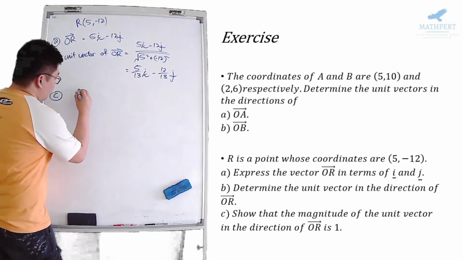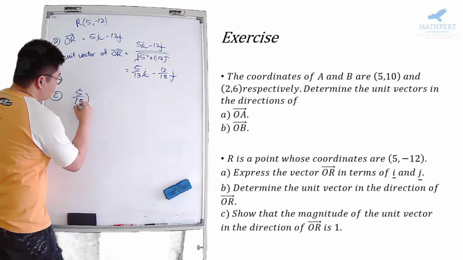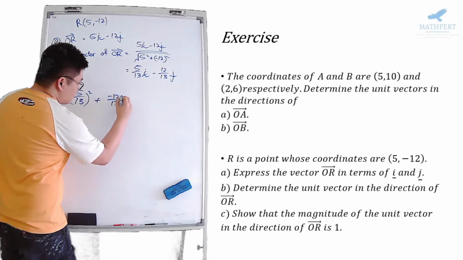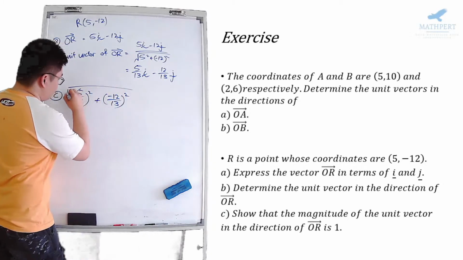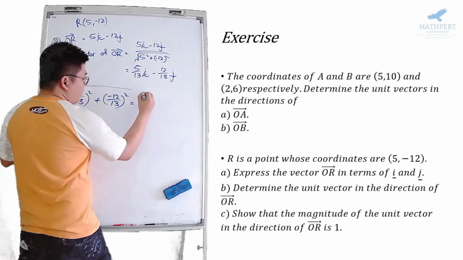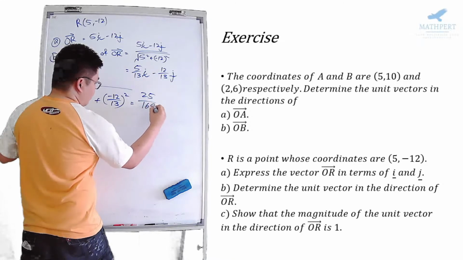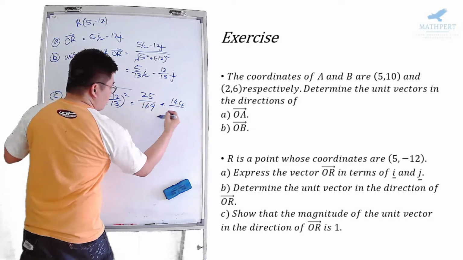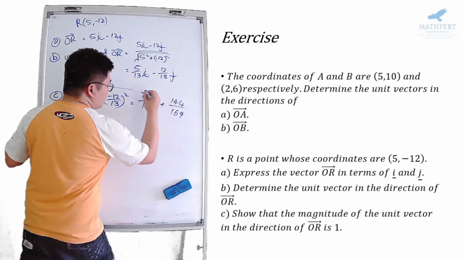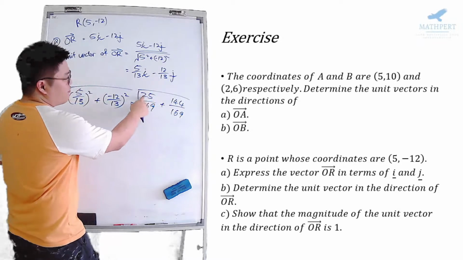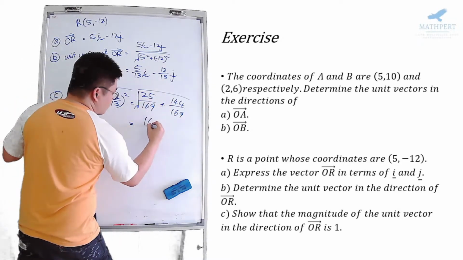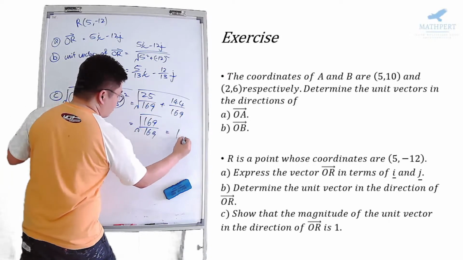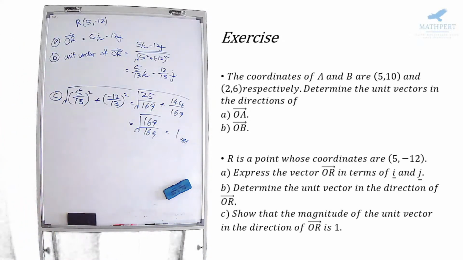So this will be the square root of 5 over 13 squared plus negative 12 over 13 squared. 5 squared is 25, negative 12 squared is 144, and 13 squared is 169. 25 plus 144 is 169, so 169 over 169, square root, is equal to 1. Proved.